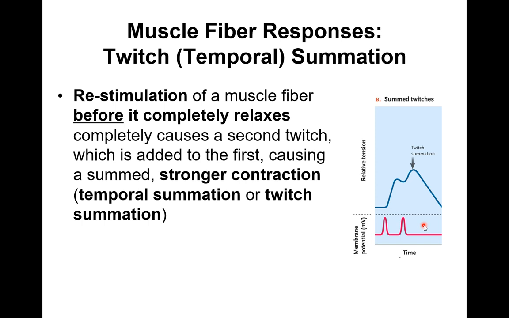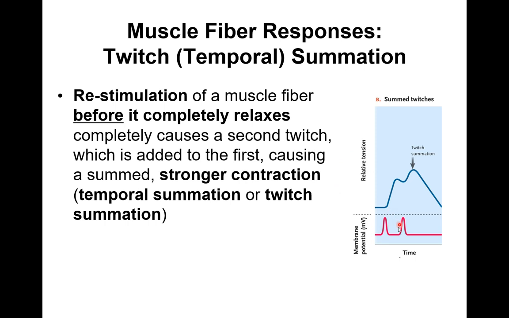So in this case, we're talking about the same synapse firing more frequently, to a point where the contraction is not undone yet when the second stimulation comes in. The first twitch was not done, and you already received the second one. So at this point, you start having a stronger twitch.